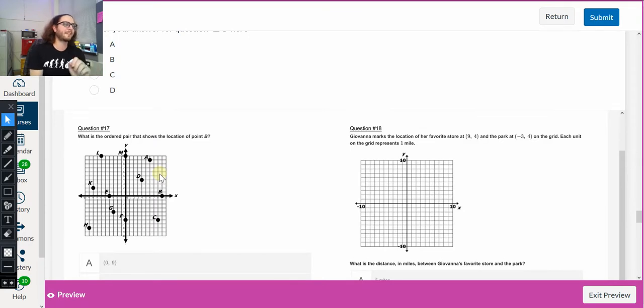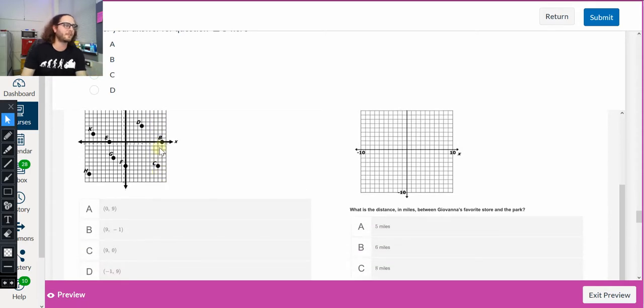For number 17, which ordered pair shows the location of point B? So point B is located here, directly on the x-axis. I did that on purpose because I know I'm going to get some of you with it. The correct answer would be C, not A. A is backwards, okay? C says 9 to the right and then 0 up or down.